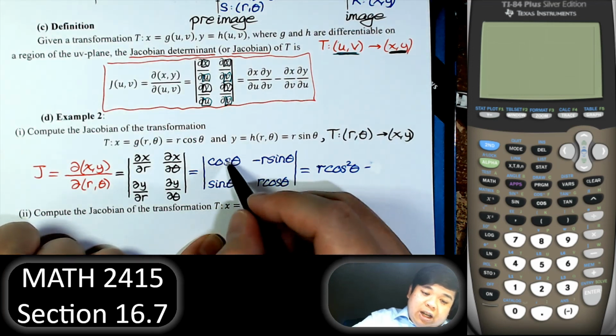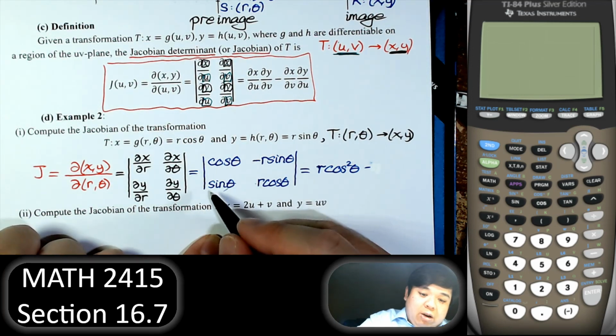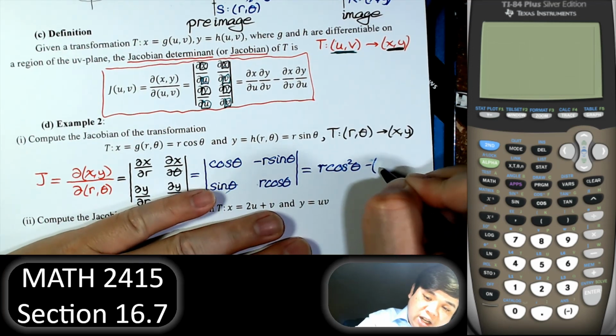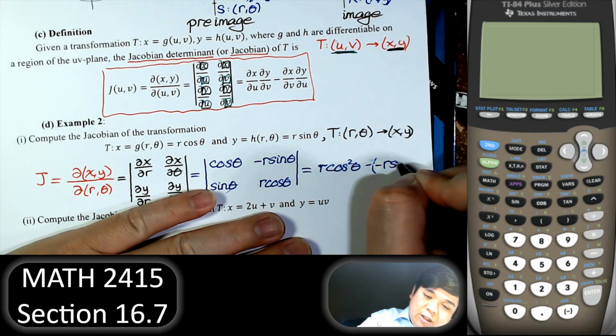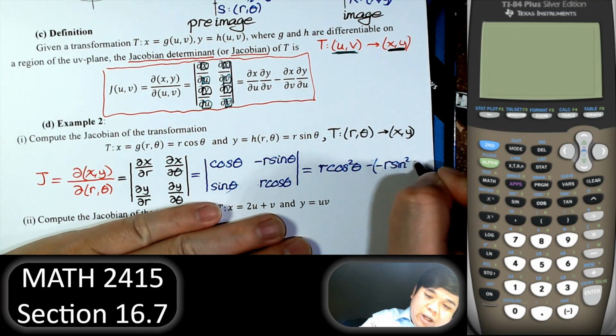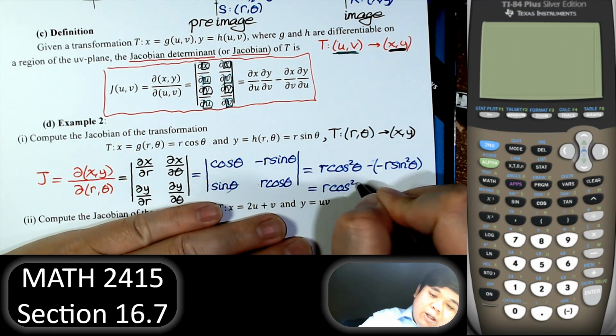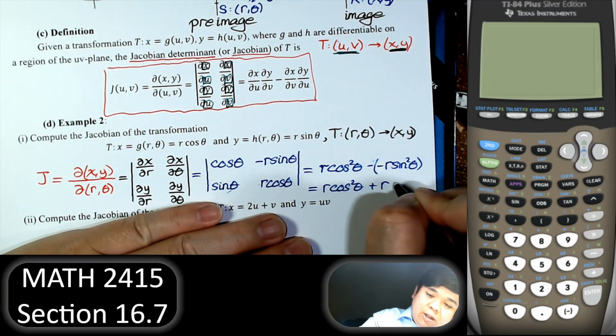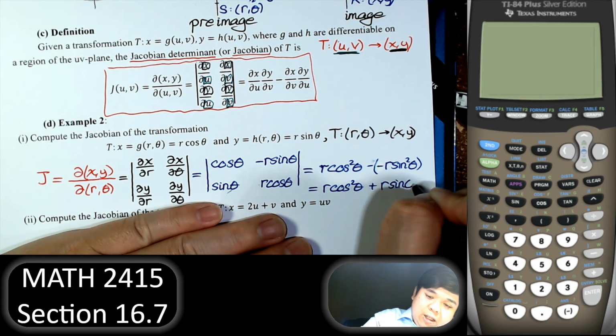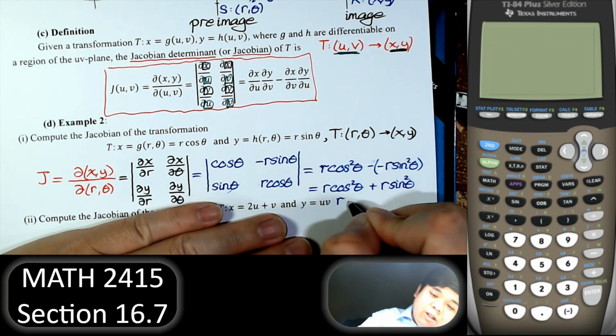So this direction is positive, the other direction we subtract, so subtract the negative. R sine times sine gives us sine square. So we have r cosine square plus r sine square. Factor it out.